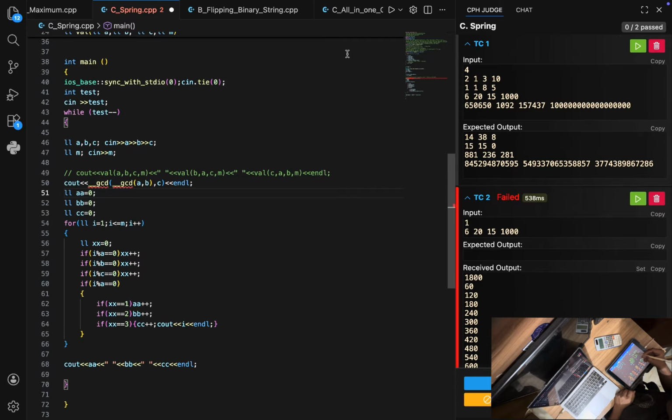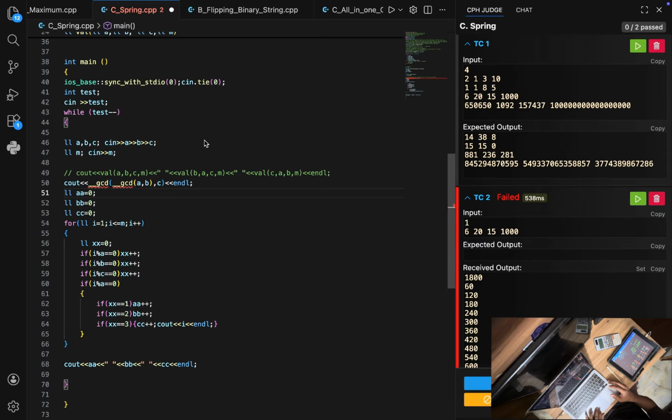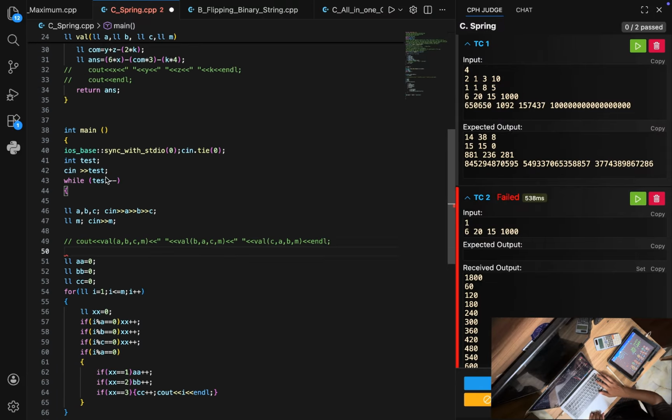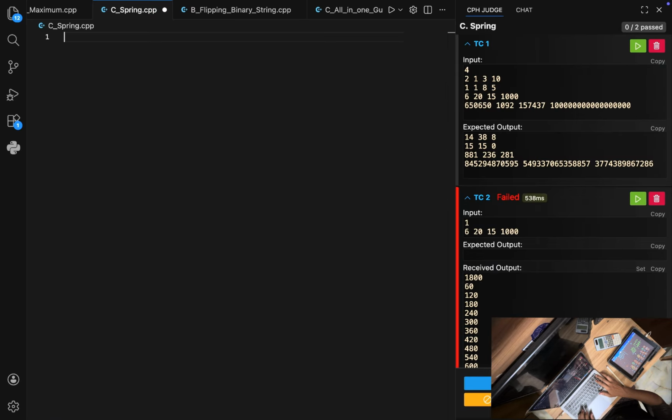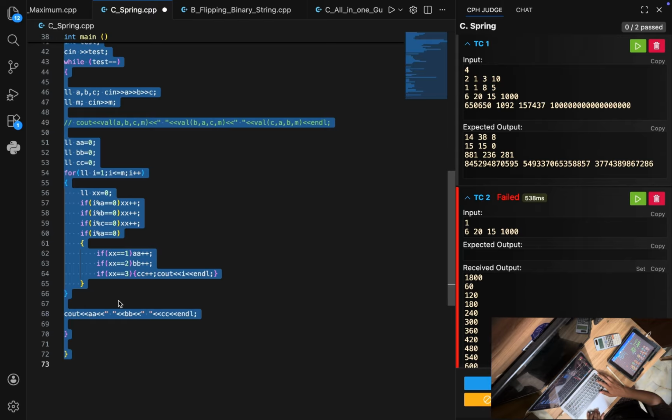If I divide it into prime factors, I want the smallest value which can be divided by both values. I want that. Okay, I just ruined that.